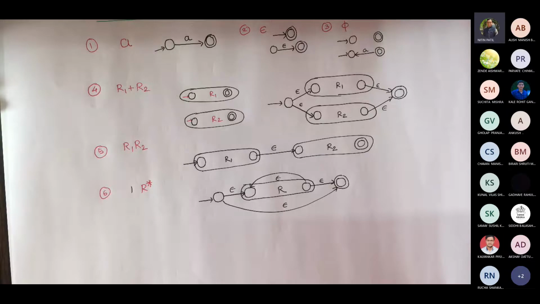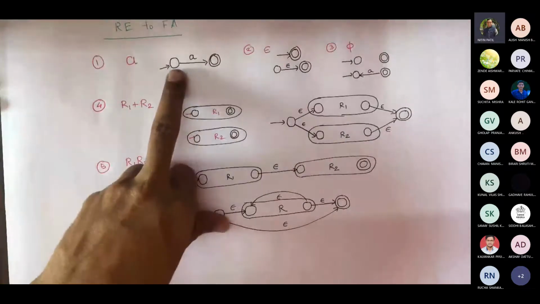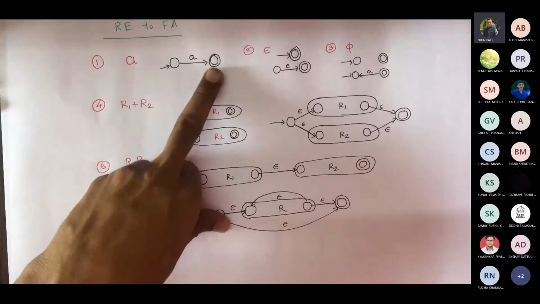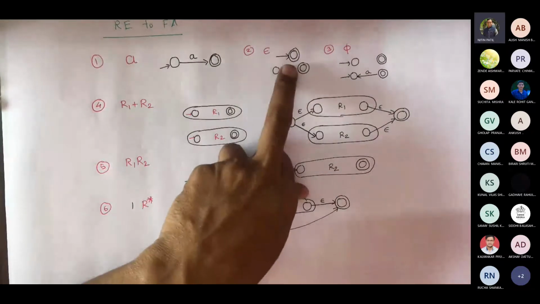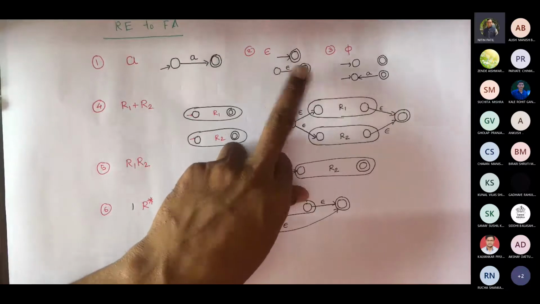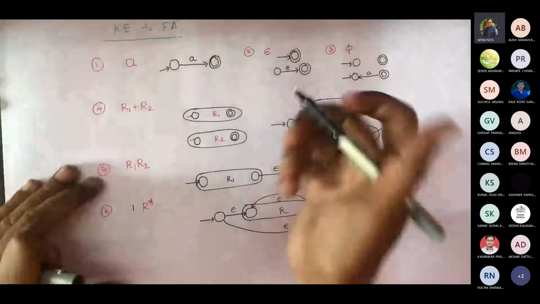Check this. Let me repeat one more time. How we represented A? We had initial to final, a transition with A. There is initial state, there is final state. Done. For epsilon, initial and final is same. There is no other state involved. There is no transition involved. Sorry, I forgot to say this is initial.